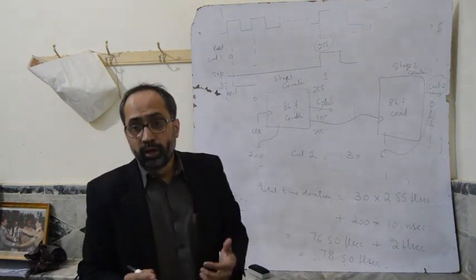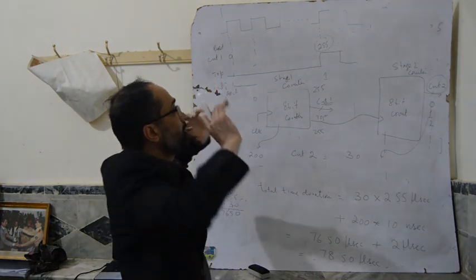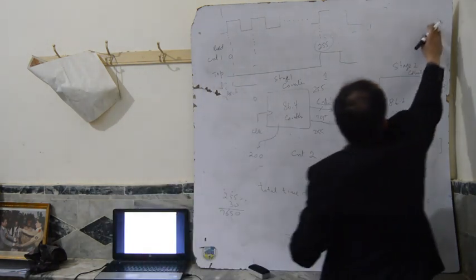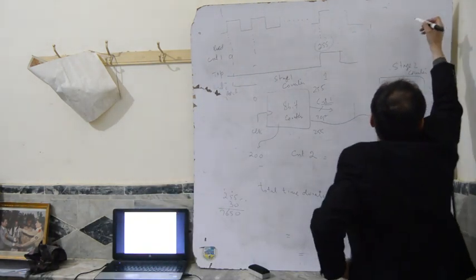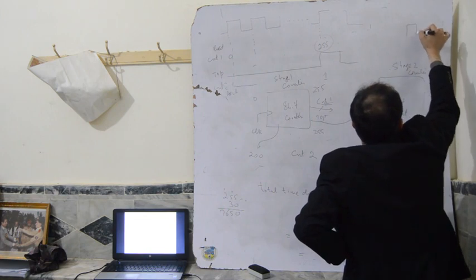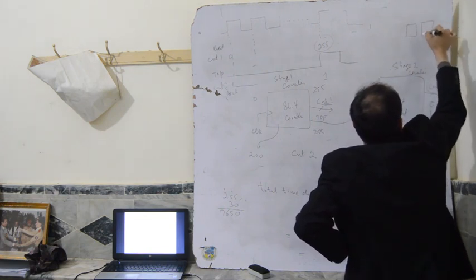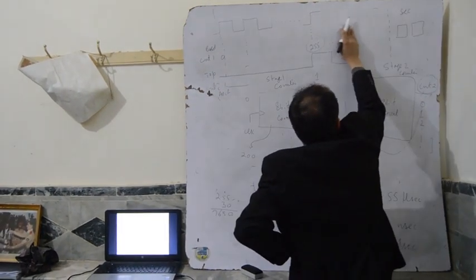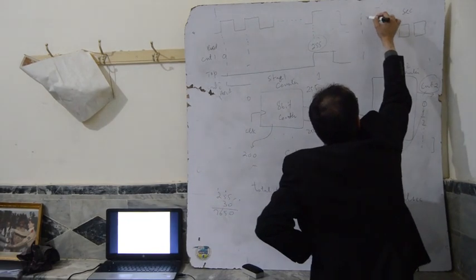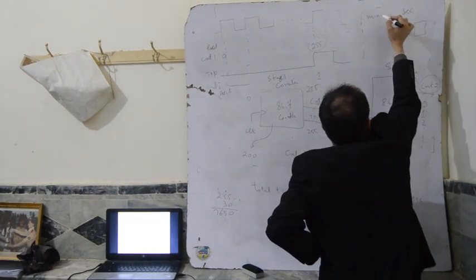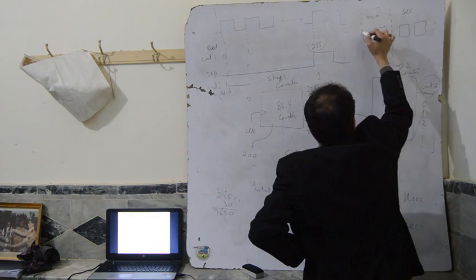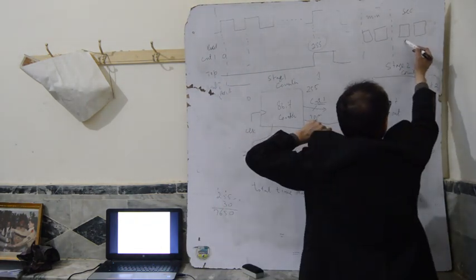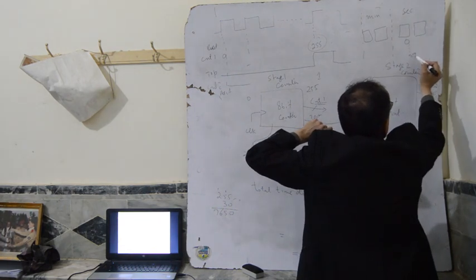So now you can consider this like a stopwatch, where we have different digits. Let's assume these are digits. This is the second digit, then there is the minute digit. The second digit will count from 0 to 59.